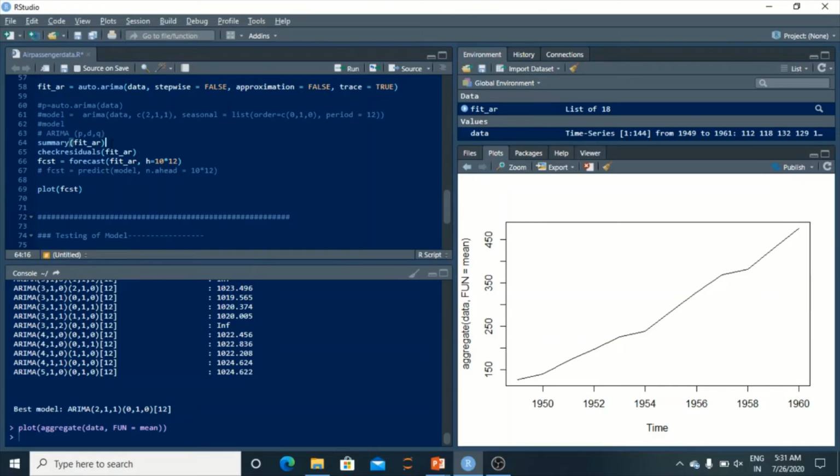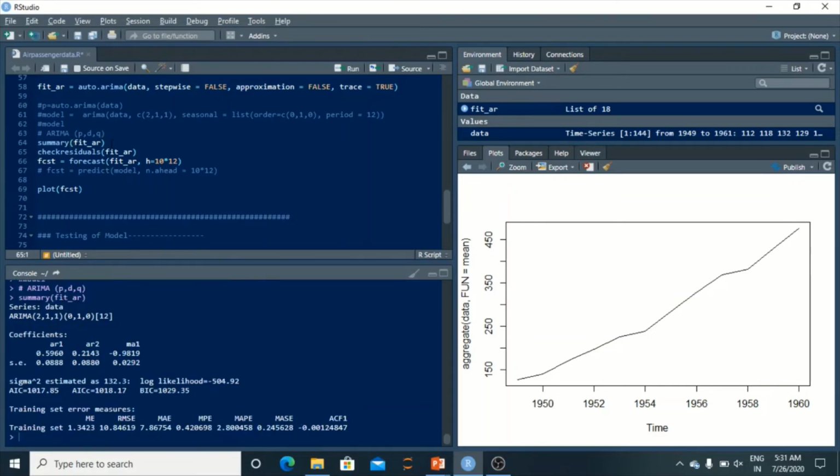Let's start with a summary of the model. With the summary of this fitted model, we saw the parameter values: AR1, AR2, and MA1. So there are three parameters.